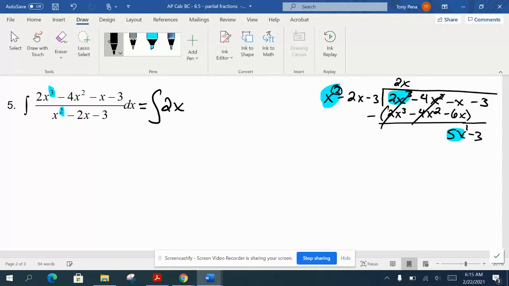Because now this here is smaller than this term here. So it's kind of like a fraction when you would do long division the old way. Once your denominator is bigger than your numerator, that's your remainder. Then you're kind of done with that long division process. So what we're then going to do is take our remainder, and this is what we would do in long division anyway, and divide it by the original divisor.